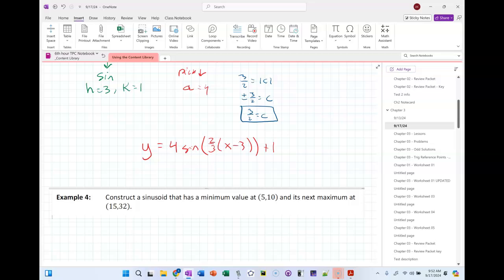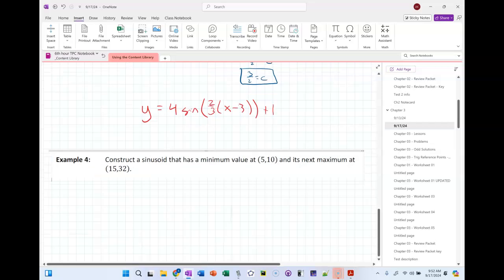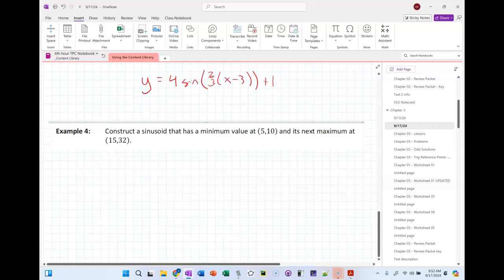So in the previous example, we saw that if we didn't specify what kind of point our graph needs to pass through, we're just going to choose to make it a midline point, so we use a sine function. Here, though, we're specified. We have a minimum at 5, 10 and a maximum at 15, 32.